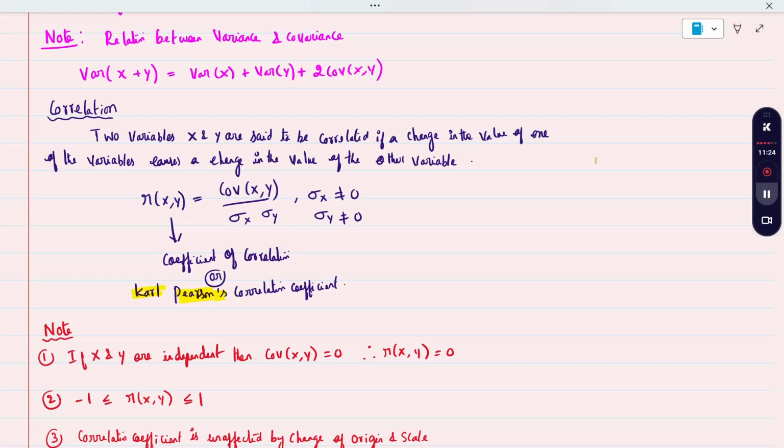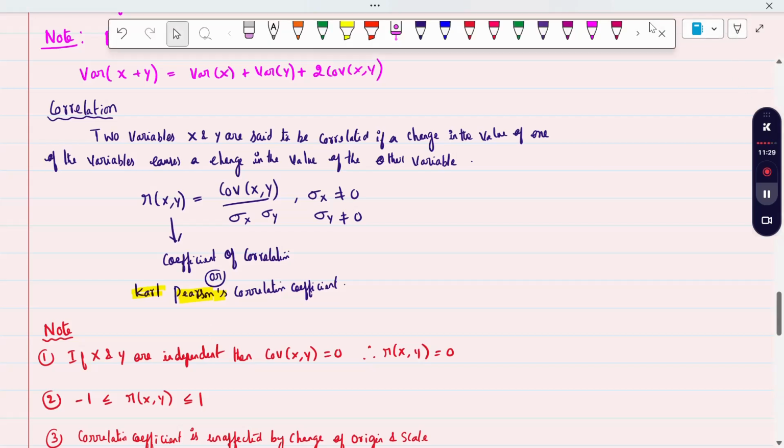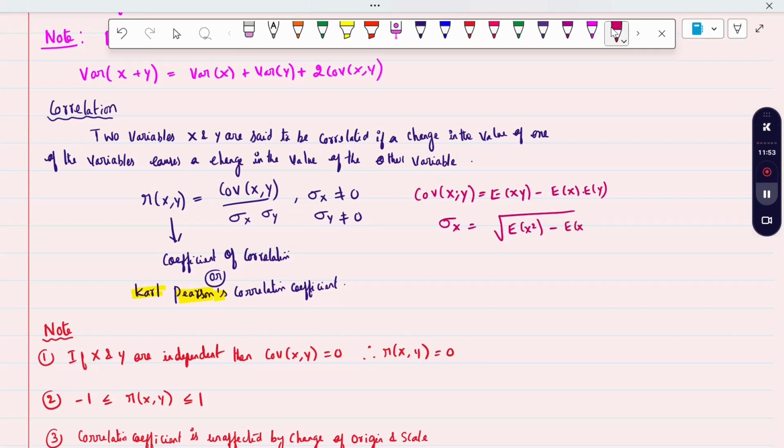So covariance, we know the formula. I will write it again one more time so that you will not get confused. Covariance of x comma y is nothing but E of xy minus E of x into E of y. Sigma x is nothing but the standard deviation. The formula is the square root of E of x squared minus E of x the whole square.